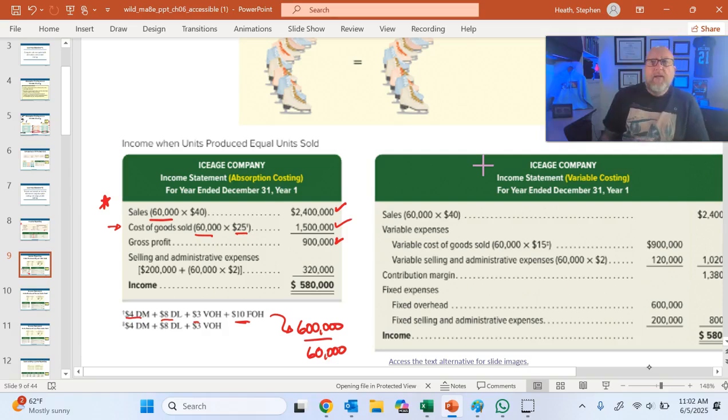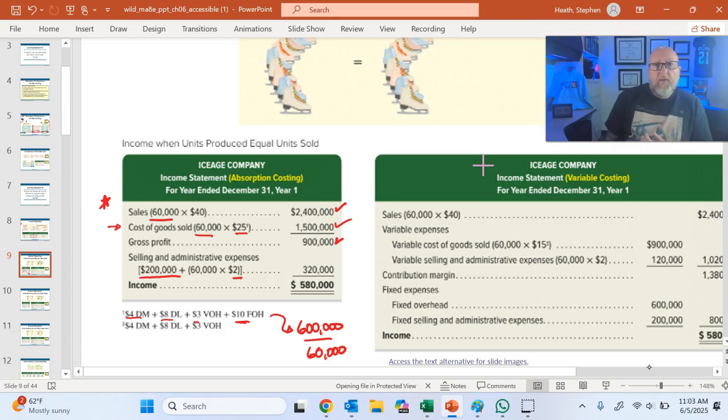Then I'm going to subtract all of my SG&A. Remember, we said when we're using absorption costing, we are going to expense all period costs in the period that we incur them. And so in this example, we have 200,000 in fixed SG&A, and then our variable SG&A is $2 per unit.